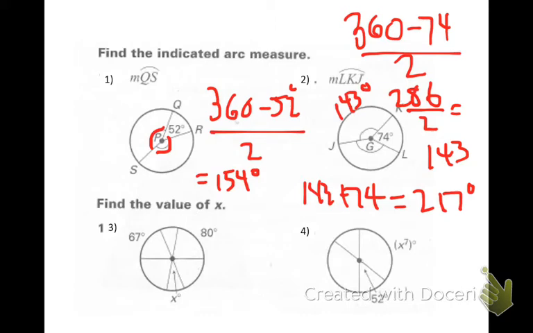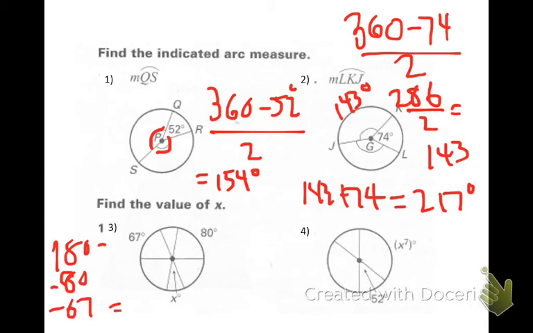All right. Example number 3. How could I find x? Any ideas? How I could find x on example number 3? Okay, we've got vertical angles here, right? So that's 180 minus 80 minus 67.